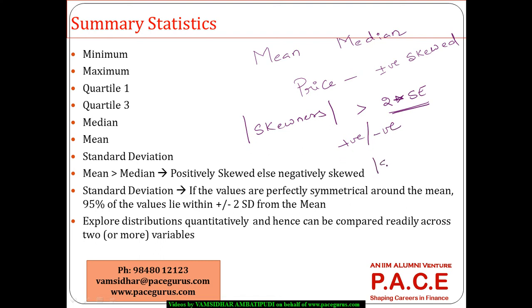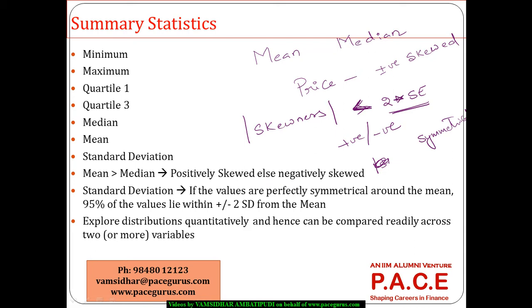But if the absolute value of the skewness is lesser than twice the standard error, then we say that it is almost symmetrical. The data is not skewed, it is more or less symmetrical.